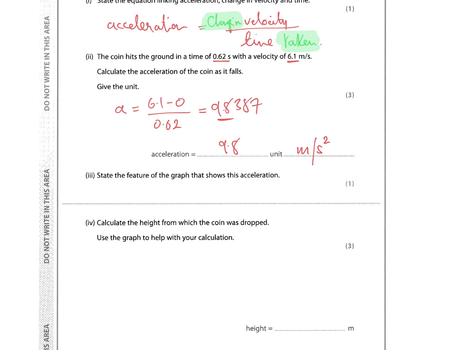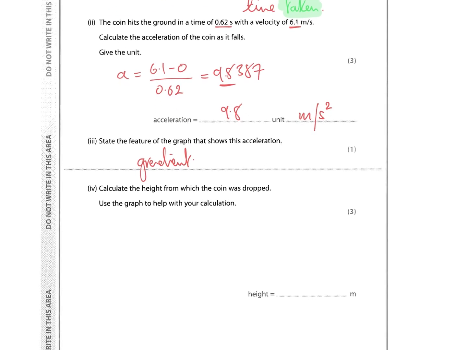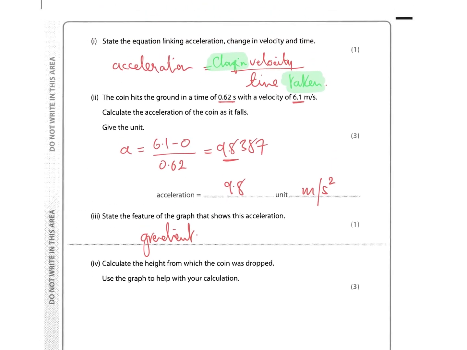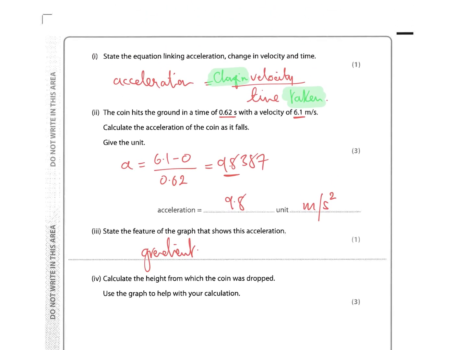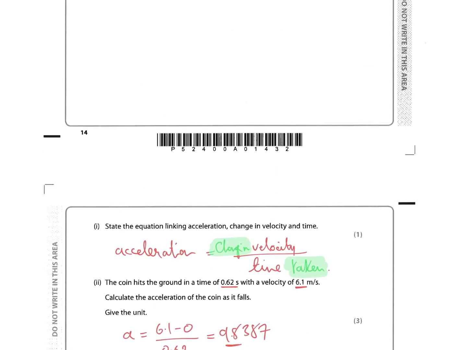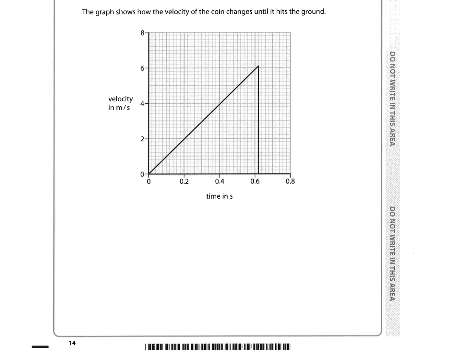So let's just put that in. The gradient, one that I hope you all remembered. And calculate the height from which the coin was dropped. Use the graph to help you with your calculation. And again, as we would have remembered that the gradient is the acceleration, hopefully you should also know and have recalled that the area under the graph is the distance travelled.